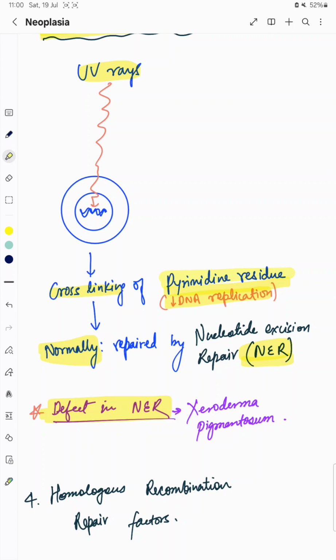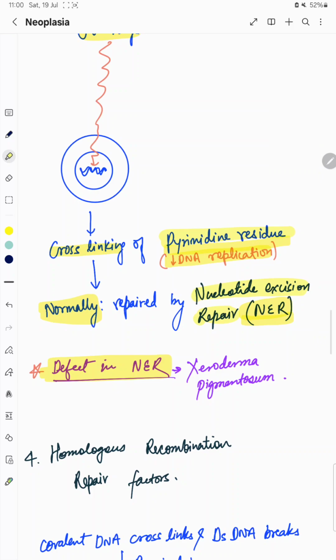In a normal cell, this cross-linking is repaired by nucleotide excision repair. Whenever this mechanism is defective, there will be no repair of this cross-linking, and this results in the development of certain diseases like xeroderma pigmentosum.